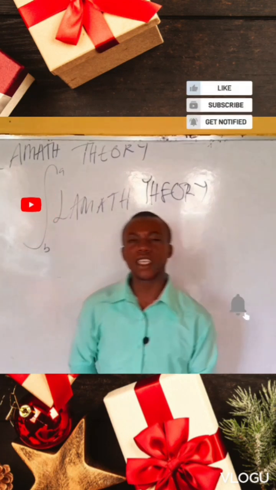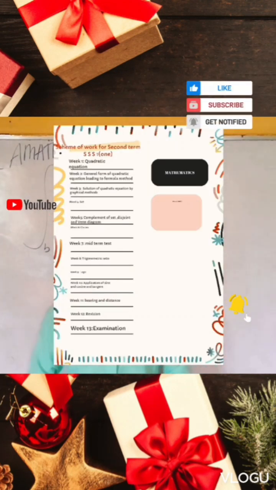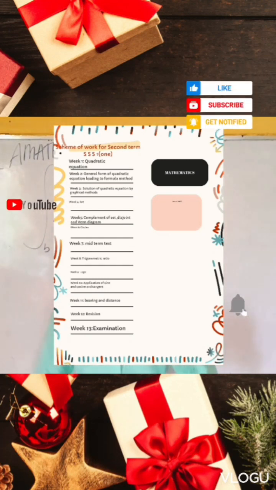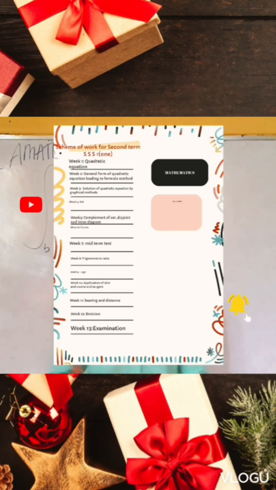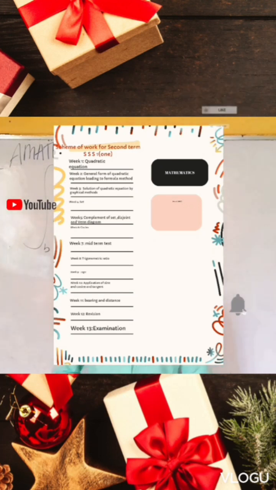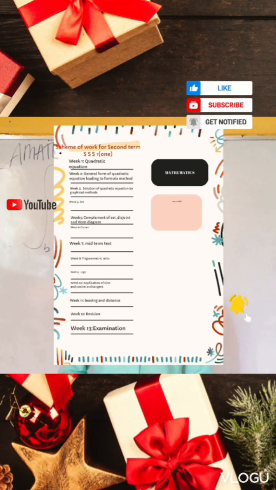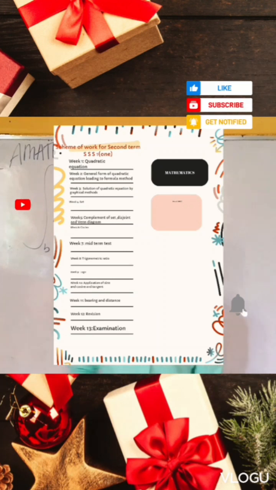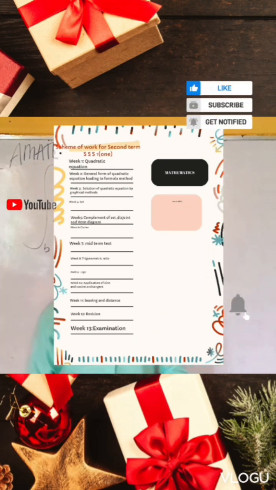From SS1, they don't have a revision week, so they move straight to week 1. Their week 1 is quadratic equation, where week 2 is a continuation of quadratic equation, where they are going to be introduced to what we call the almighty formula during my own time, where they have ax squared plus bx plus c.